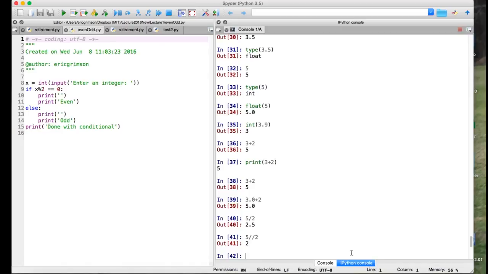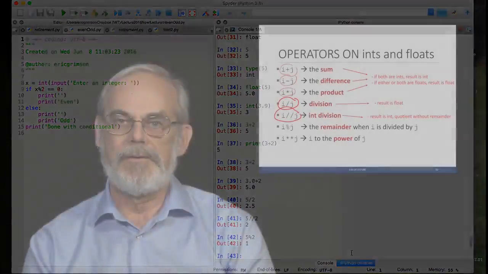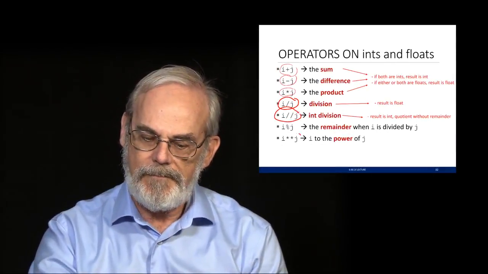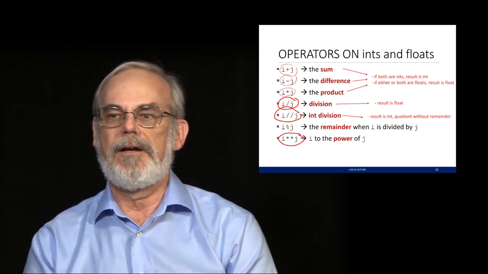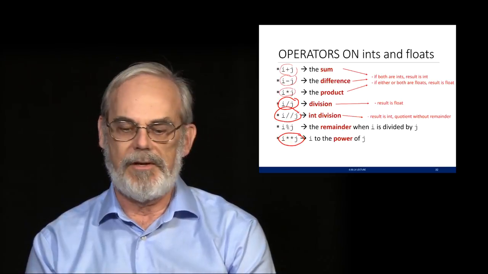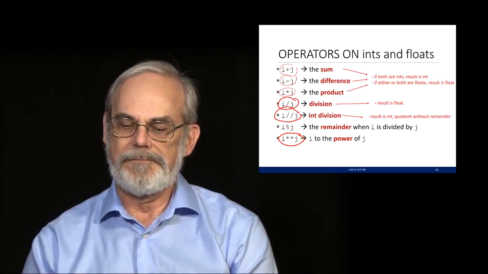The 0.5 is thrown away. And if I wanted to get the 0.5, I could do 5 remainder 2, which is the percent sign, and that gives me the piece left over when I divide those 2 pieces together. Finally, I can raise something to a power, and that is done right here with i 2 stars j. So 1 star is multiplication, 2 stars gives me power.